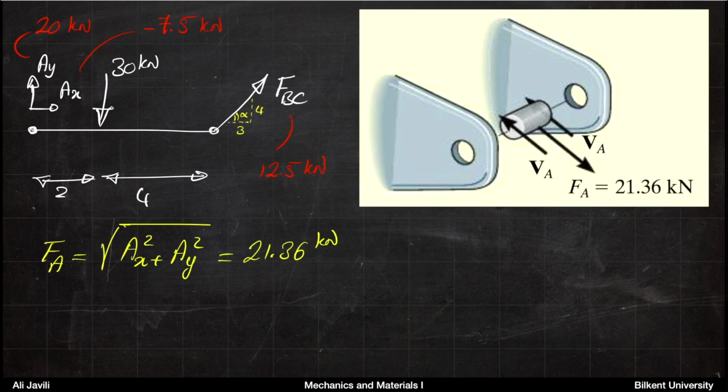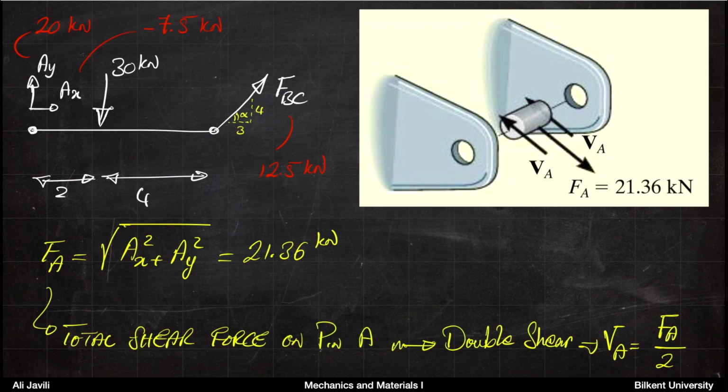But the magnitude of that force altogether is 21.36 kilonewton. So you can calculate the magnitude of the force, and basically that's pin A as shown here in the picture. So you have this much force for the pin to carry.